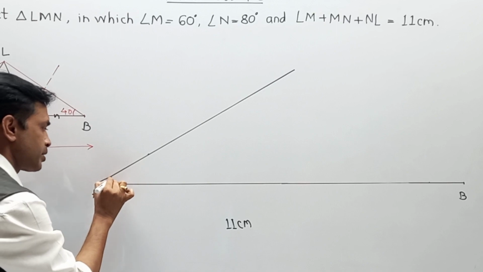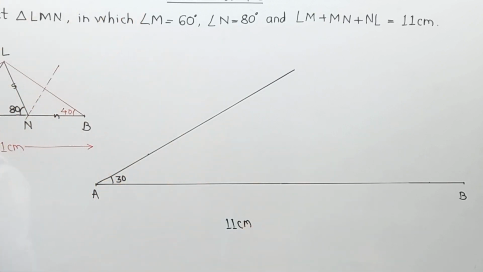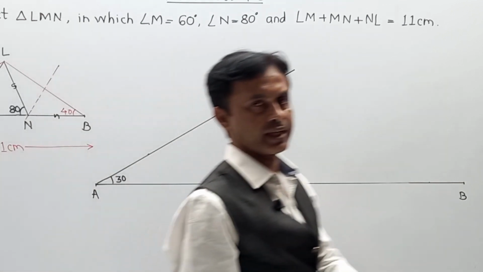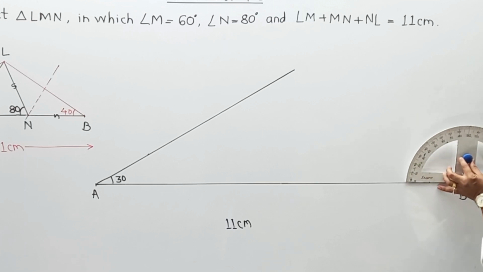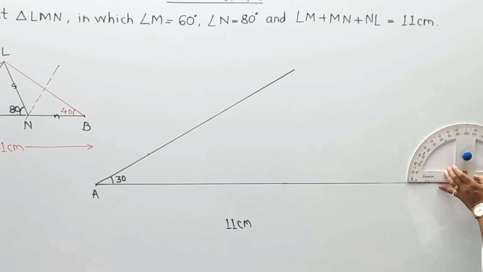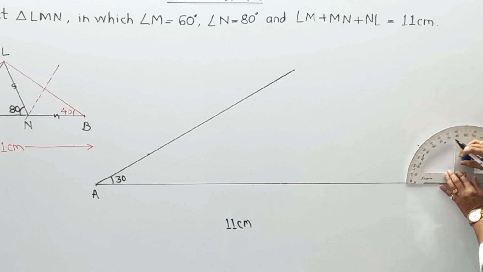And this respective angle A is 30 degree. Next, in a similar manner, we are going to take point B with an angle of 40 degree. So from point B, I am going to take an angle of 40 degree over here. So 10, 20, 30, 40. So this is that respective point.